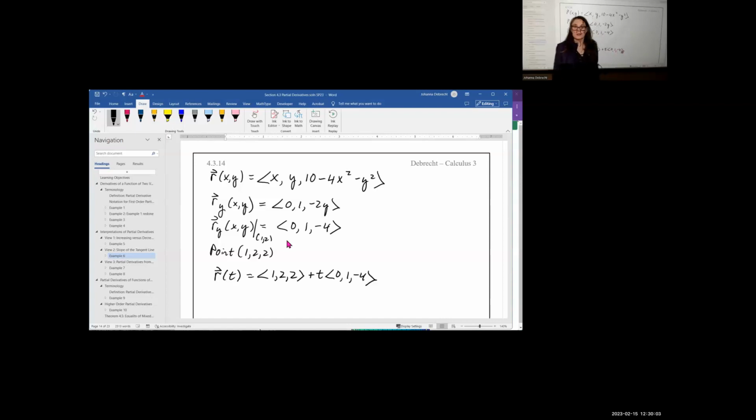Now, I will take it written this way, but you can also combine it together, which would make it a little bit easier to put into Calc3.